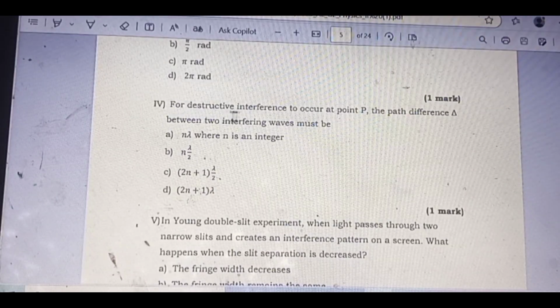IV. For destructive interference to occur at point P, the path difference between two interfering waves must be. The correct answer is C, (2n plus 1) wavelength over 2, as the condition for destructive interference.